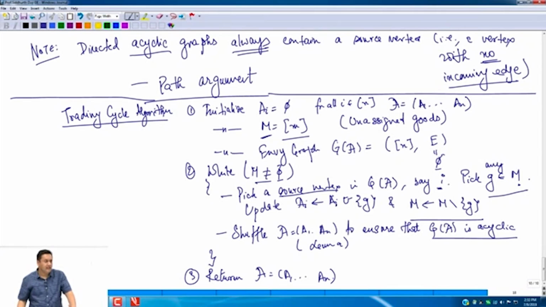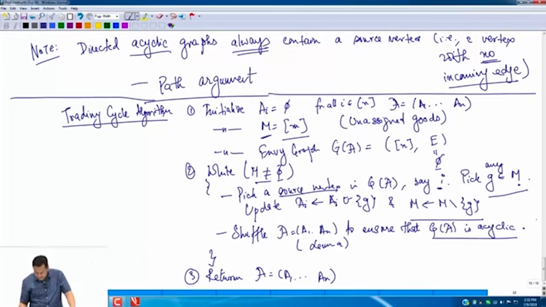The loop will iterate at most m times, since every time you remove a good from M. In every loop, you invoke this lemma, which is again a polytime thing. Cycle resolution is an efficient subroutine. There you go, right off the bat, it's a very efficient algorithm.